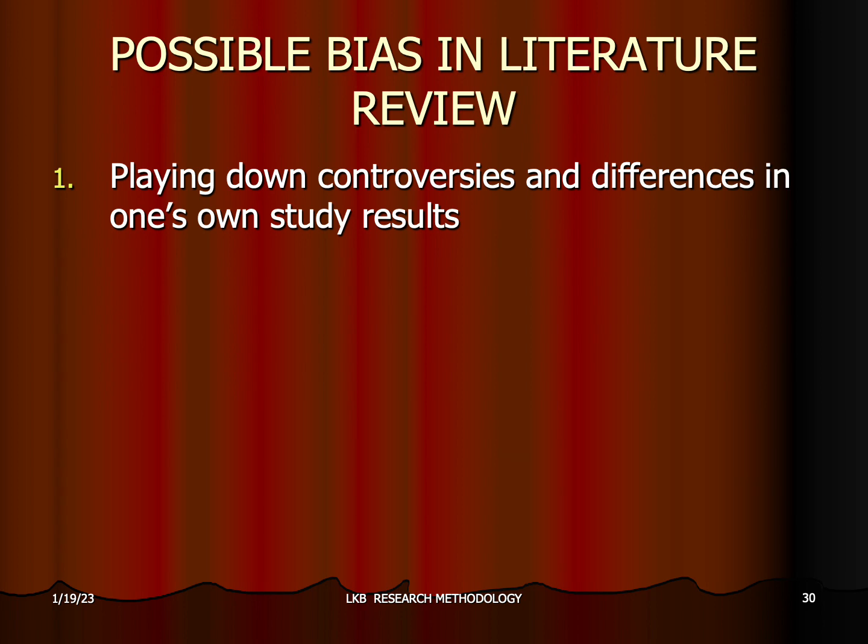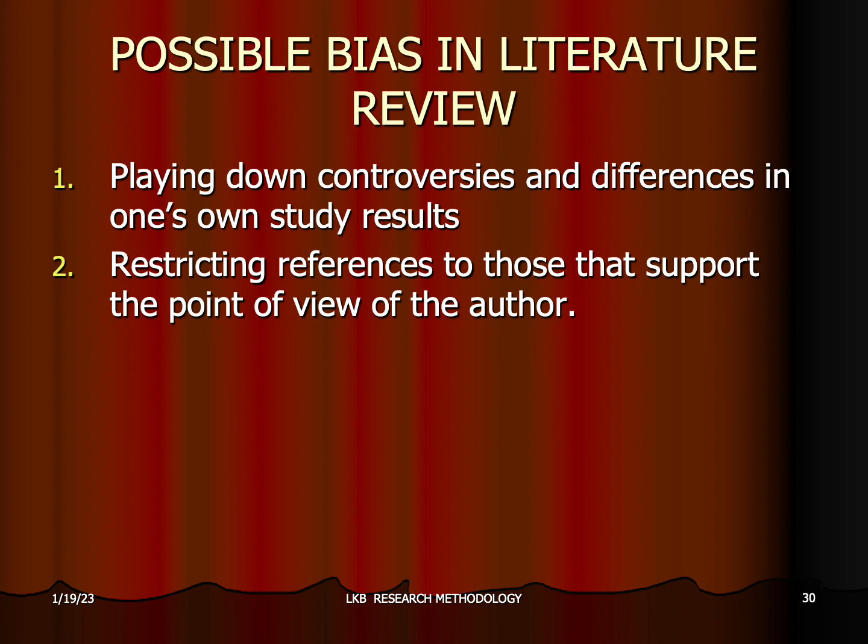One possible bias in literature review is playing down controversies and differences in one's own results. So you may have done a review and found that artificial intelligence may actually not be useful. But because in your mind you are interested in just seeing that it is useful, you just focus on those studies which support your opinion.